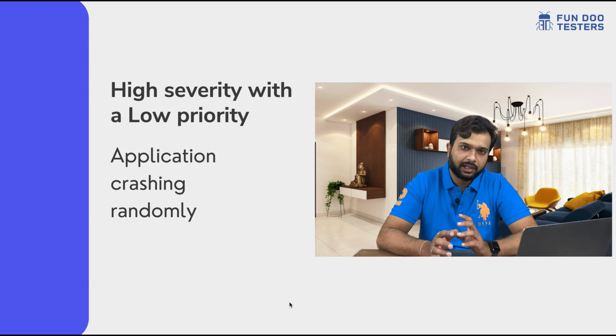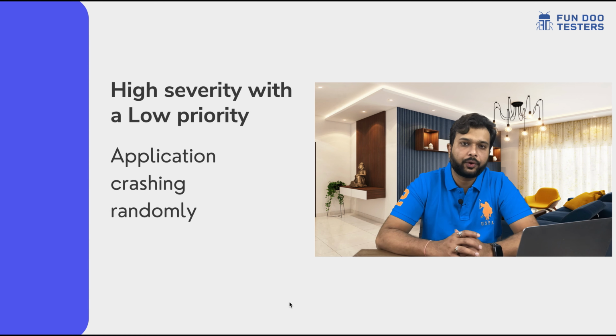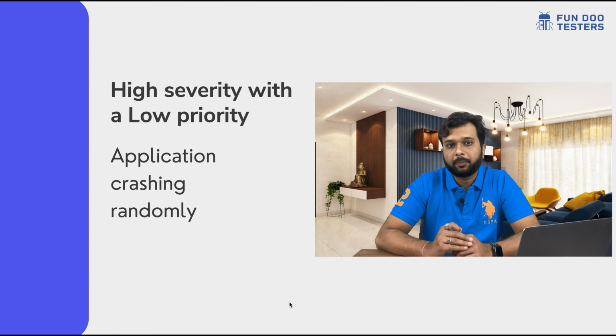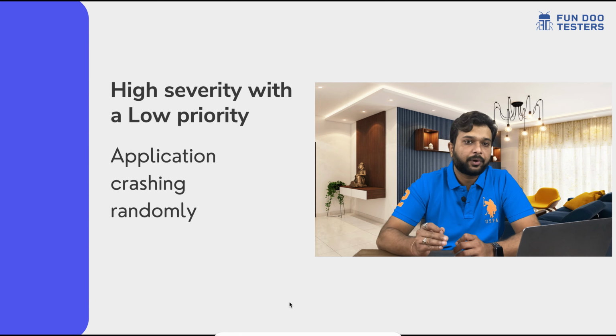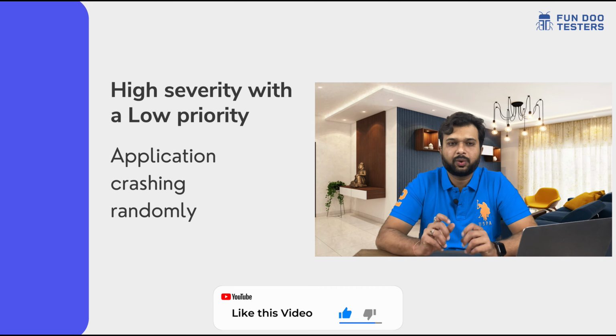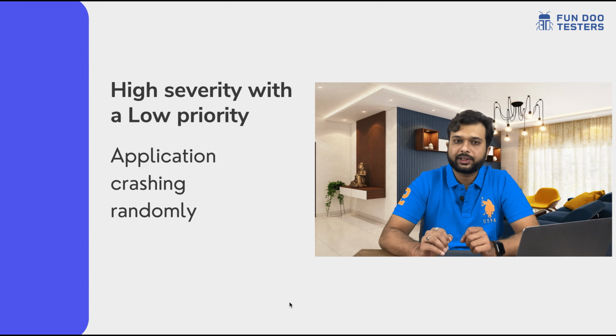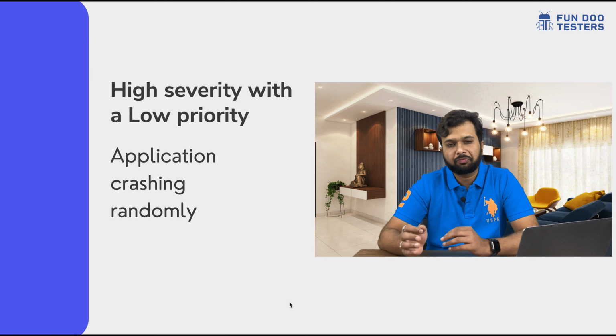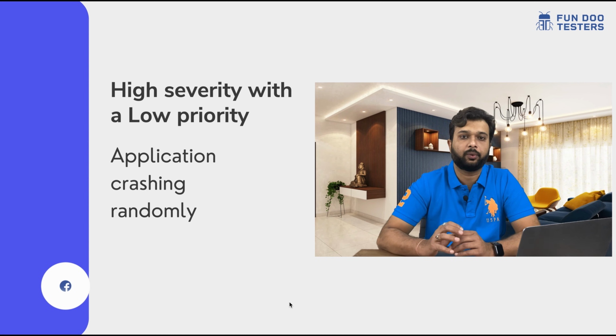Then there are a few bugs with high severity and low priority. For example, Flipkart is going to launch an application, and in a particular mobile phone the application is going to crash. User is not able to log in. So let's say we are living in the current era. Most of the people are using the iPhone 7, iPhone 8, iPhone 11, iPhone 12, but a few people, let's say 0.1% people, are using the iPhone 5.